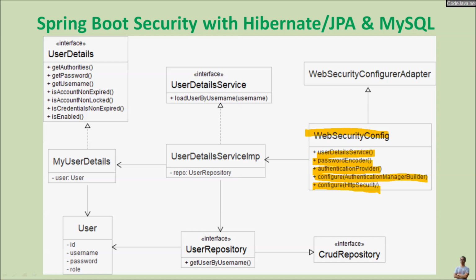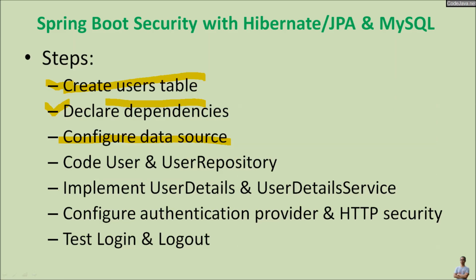And this class must extend the WebSecurityConfigurerAdapter, which is defined by Spring Security APIs. So this class diagram helps you understand what code we are going to write in the next few minutes. So the next step is code the domain model class User and the UserRepository.